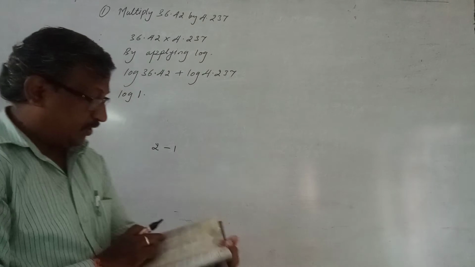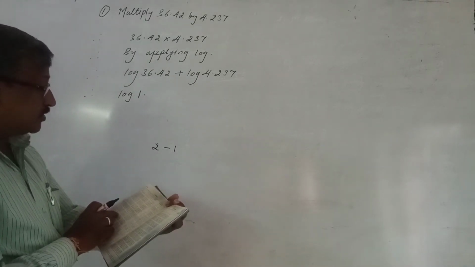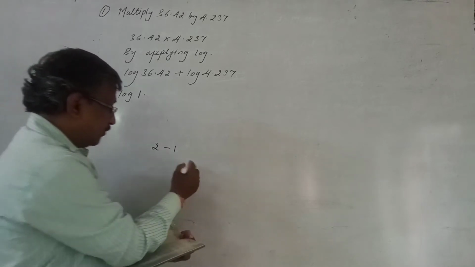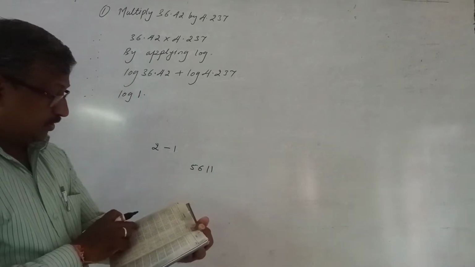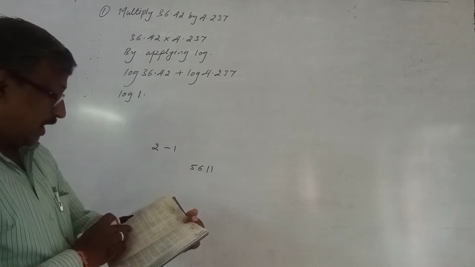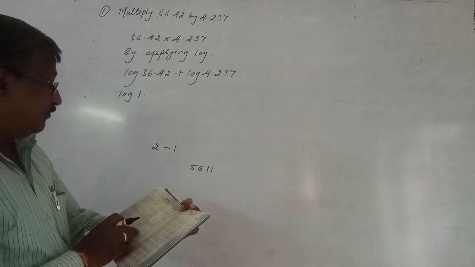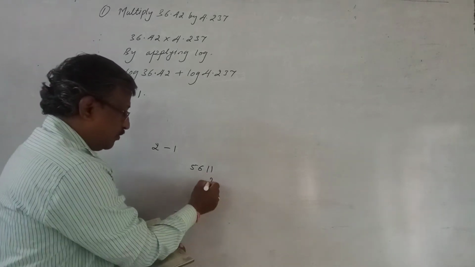If you see 36, fourth column, it comes to 5611. And in the same row, if you see the mean difference, second column, how much is it? It is 2.